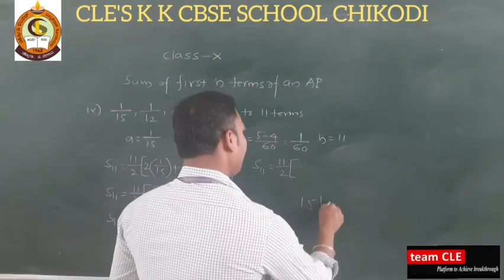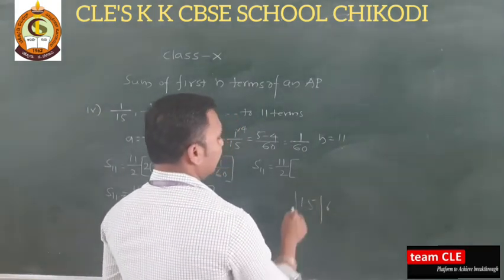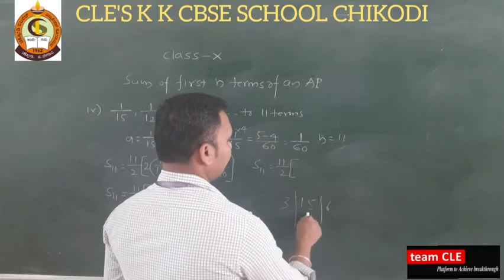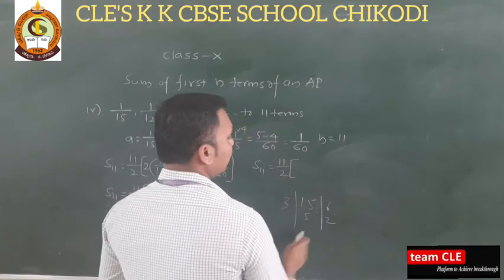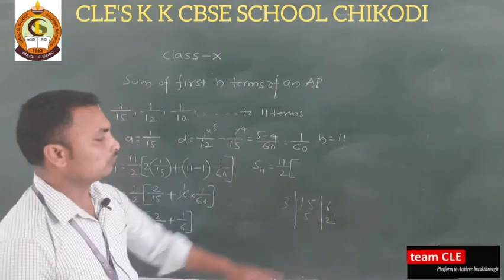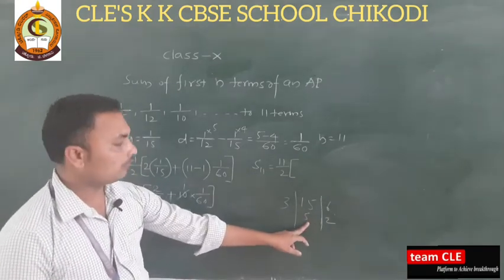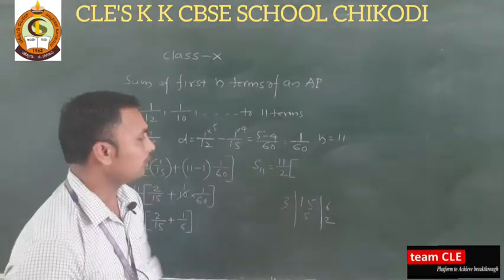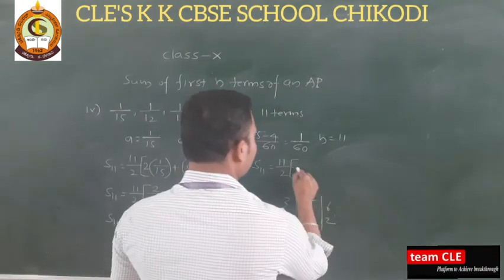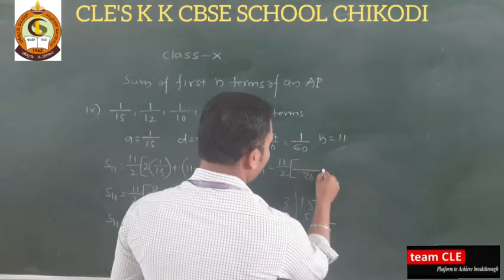So 15 and 6 we need. In the 3 table, 3 5s are 15, 3 2s are 6, so we'll get 5 2s are 10, 10 3s are 30. So we'll get 30 is the LCM.